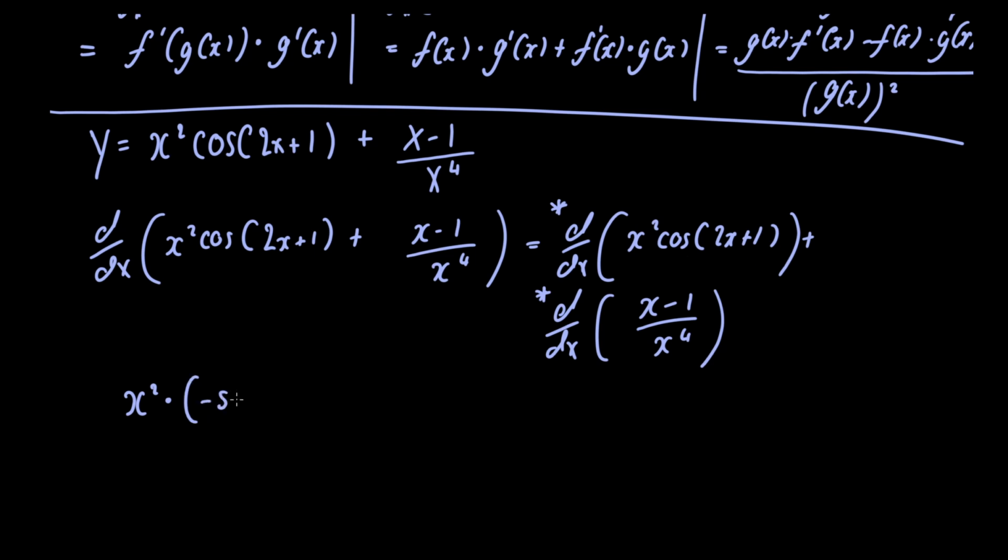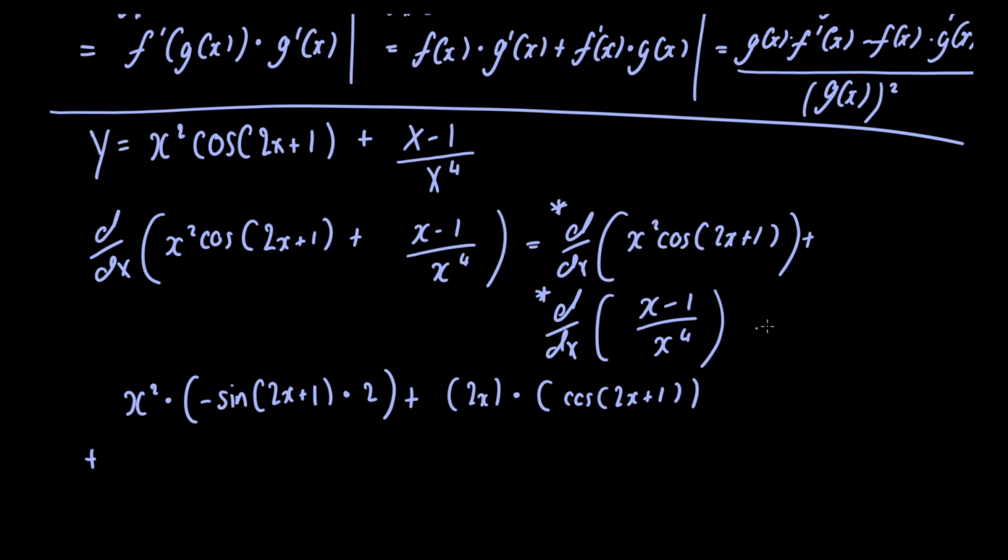We're going to have minus sine of 2x plus 1 multiplied by the derivative of 2x plus 1, which is just 2, plus the derivative of x squared, which is just 2x, multiplied by cosine of 2x plus 1.